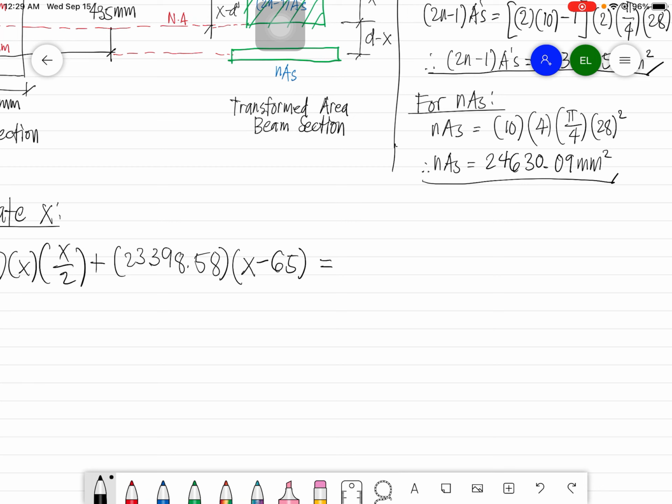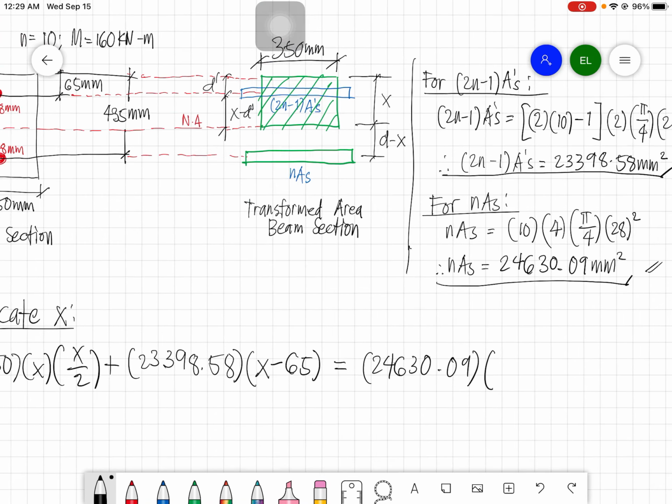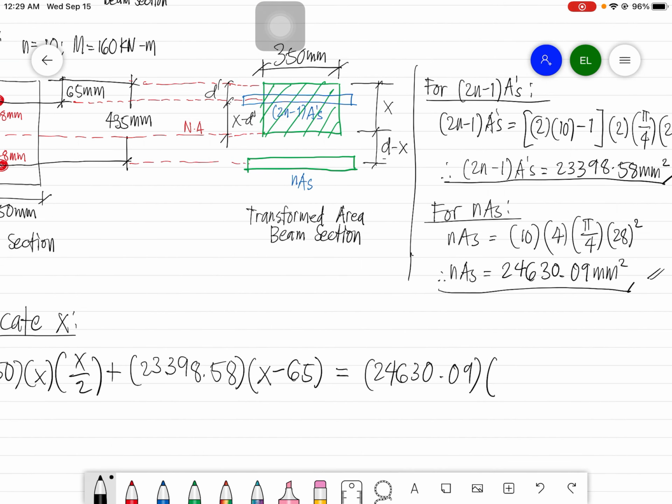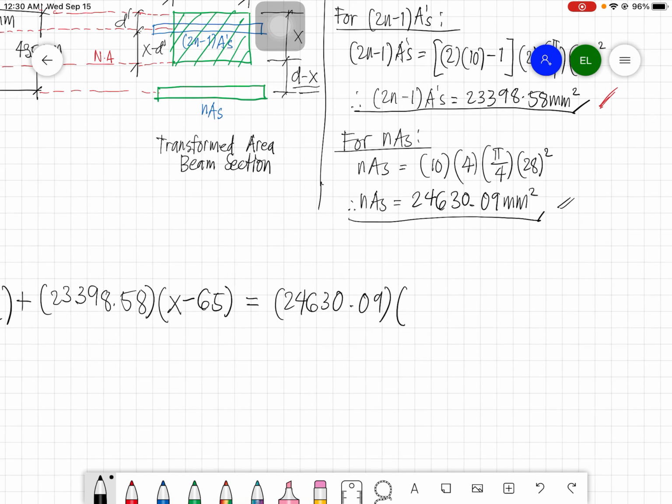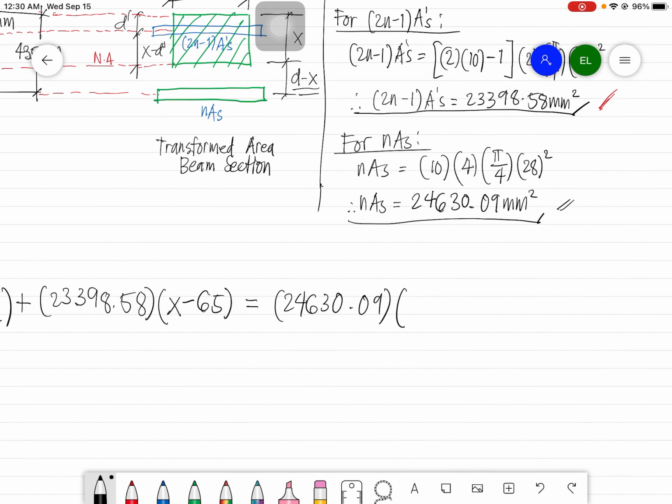Then equate that to the tensile area, which is the nAs, this one here, which is 24,630.09, then times the distance from the neutral axis to the tension steel, which is d minus x, wherein d is equal to 435 minus x.